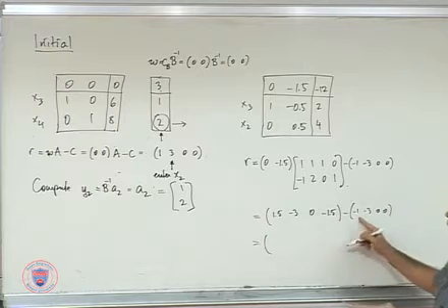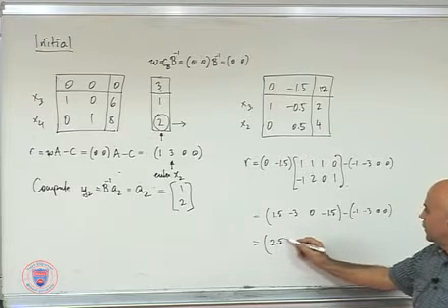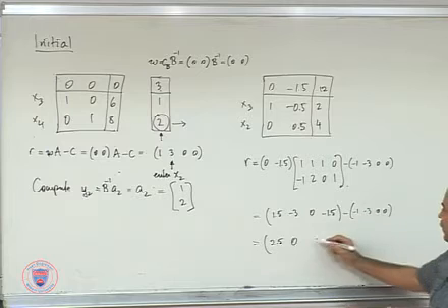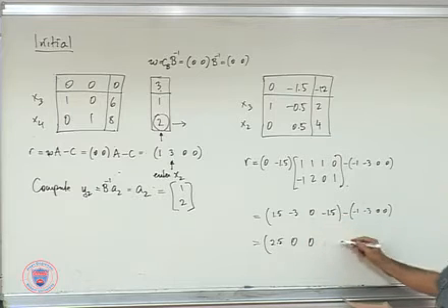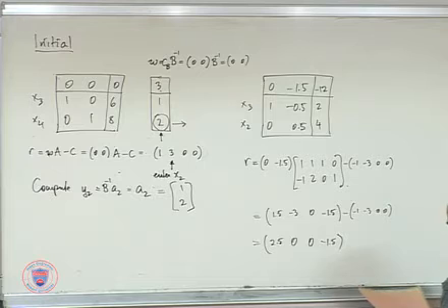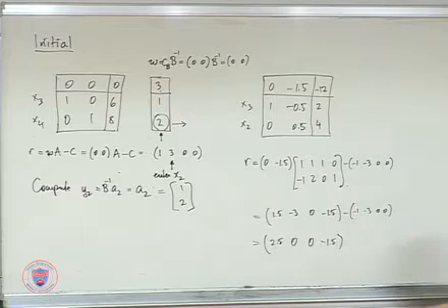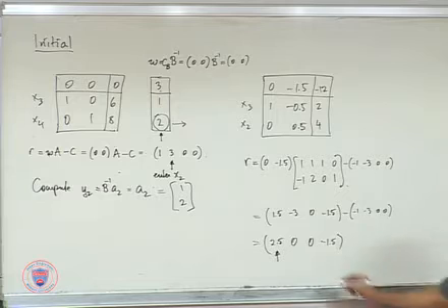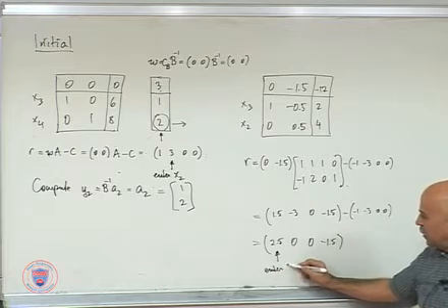And that gives you 2.5, 0, 0, and minus 1.5. And this one, of course, is the positive one, so you enter x1.